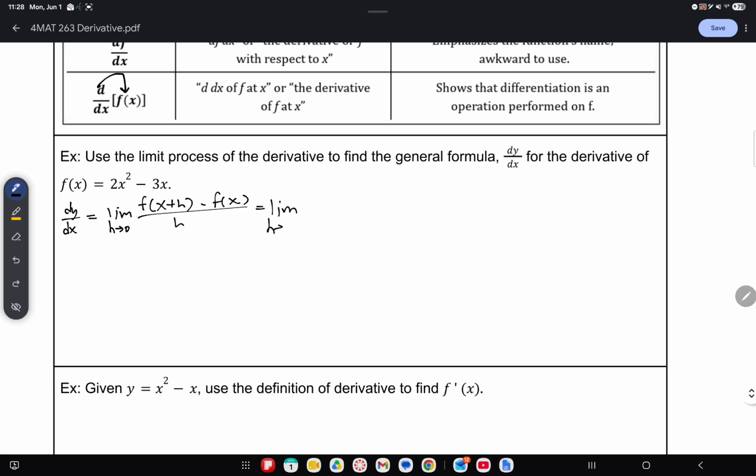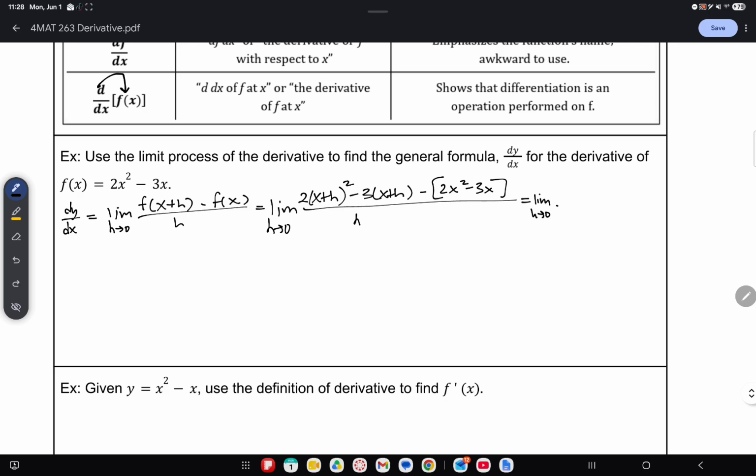So I have the limit as h goes to 0 of 2 times x plus h squared minus 3 times x plus h minus, and then I throw a bracket over functions that have more than just one term so that I remember that I'm subtracting off the entire function. So I have 2x squared minus 3x, and I'll distribute the negative when I go to simplify, all over h.